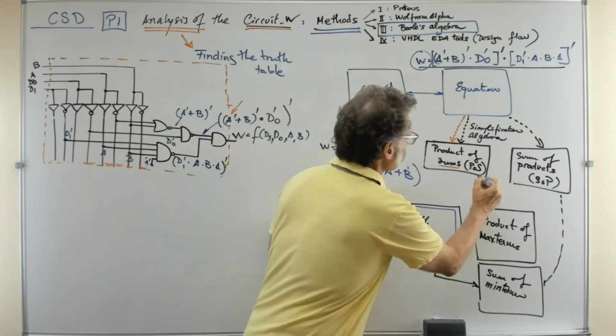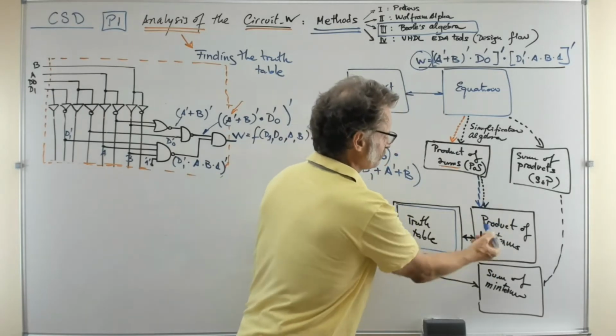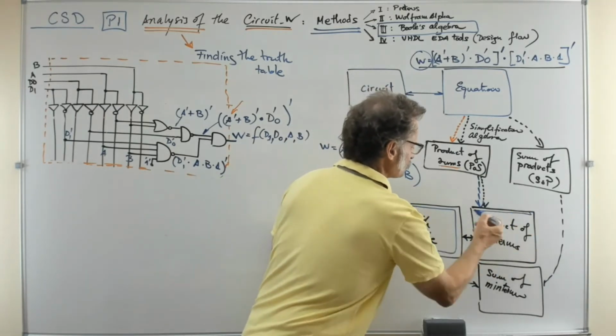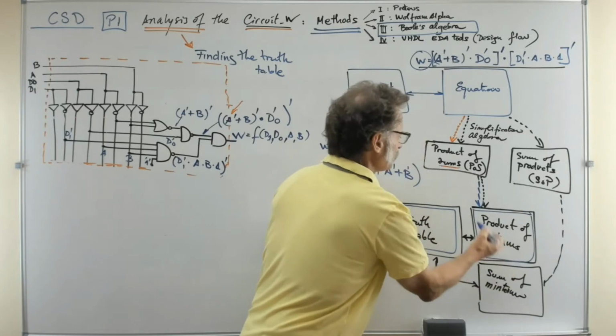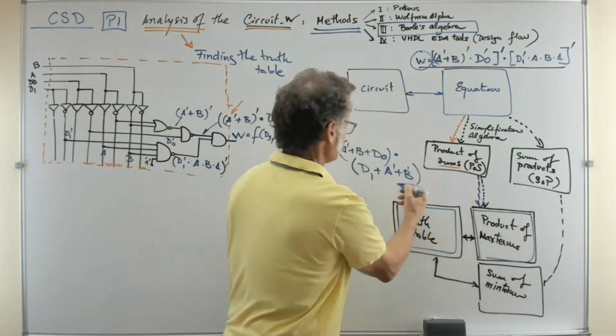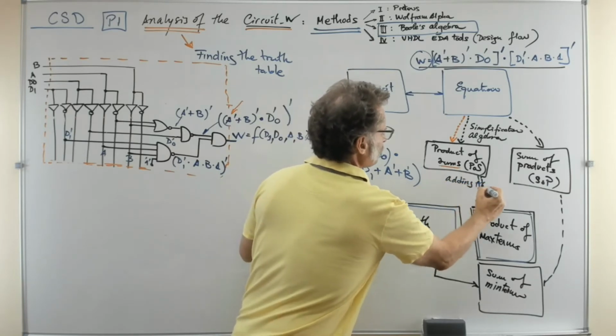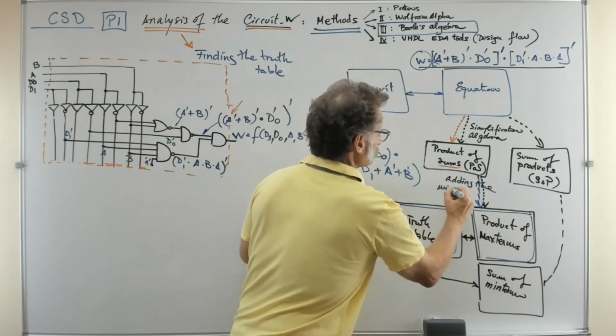From the product of sums to the final truth table expressed as a product of maxterms. This is what you can do now very well. And in which way? Well, following this path, but this means adding the missing variables.